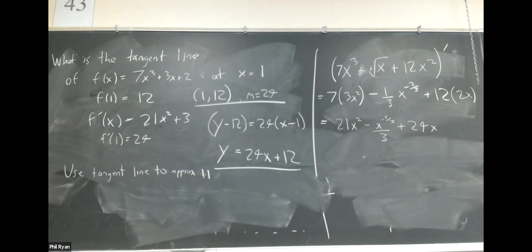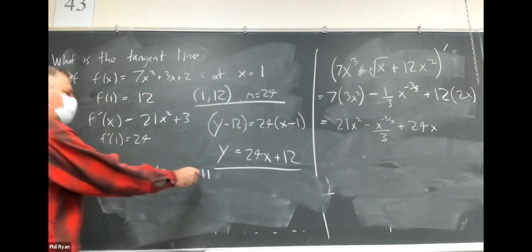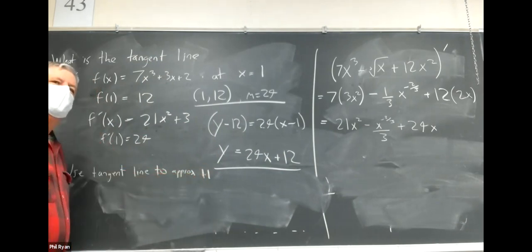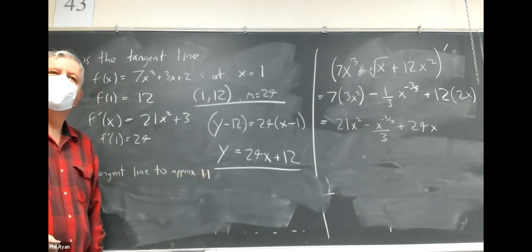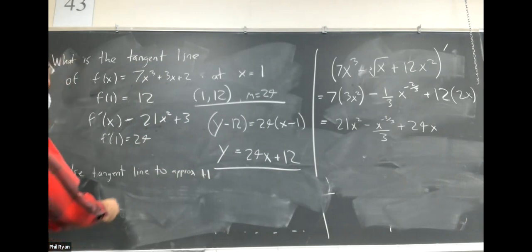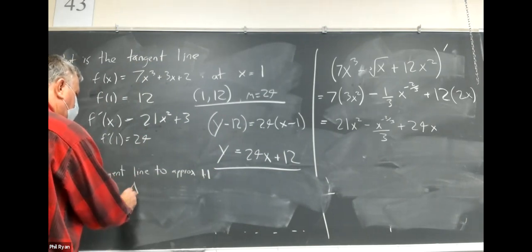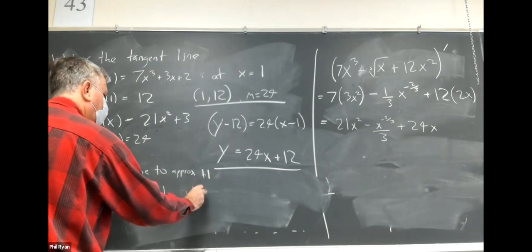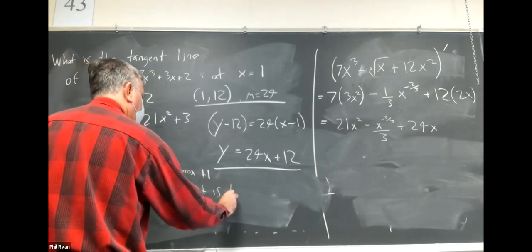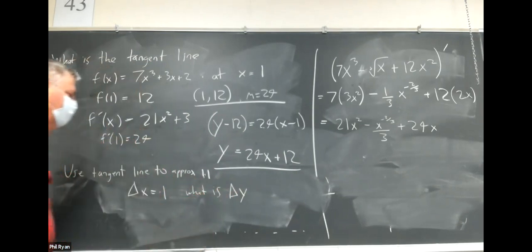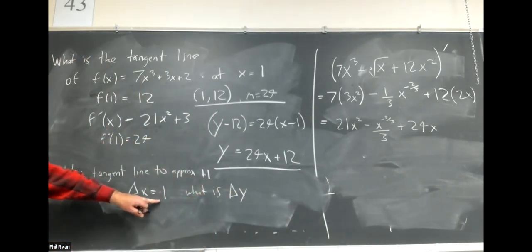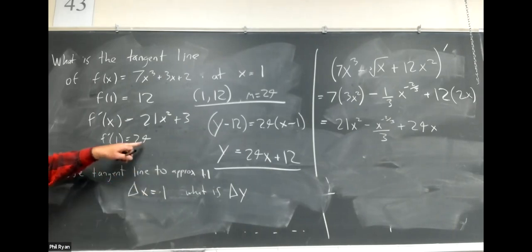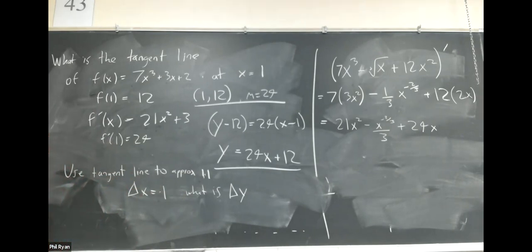These are the kinds of questions that I've been asking. So this is like saying delta x is 0.1. What is delta y? Well, if delta x is 0.1, and the derivative is 24, what is delta y?